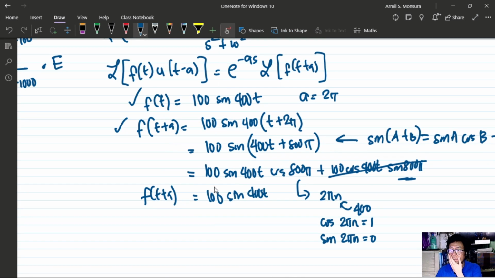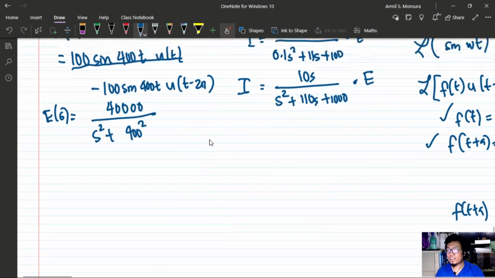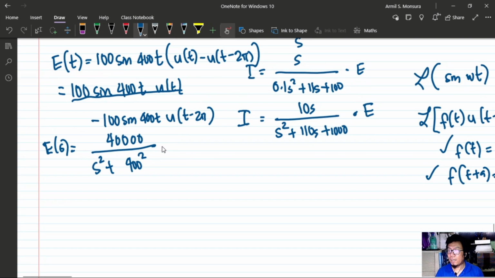So now we have to apply the Laplace transform to the second term. We essentially just simply multiply this. We will have the same thing because this is the same Laplace transform that we already have: 40,000 over s squared plus 400 squared. But this time, because of this step function, we will multiply this by e raised to negative 2 pi s.